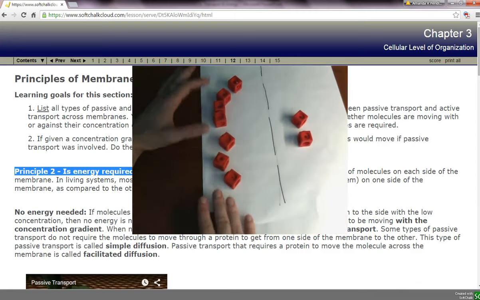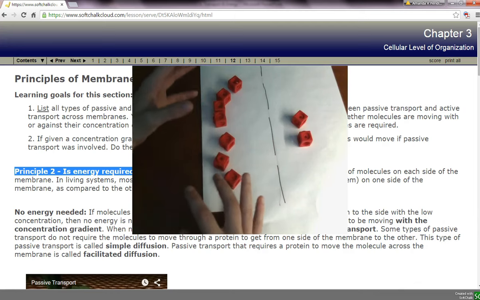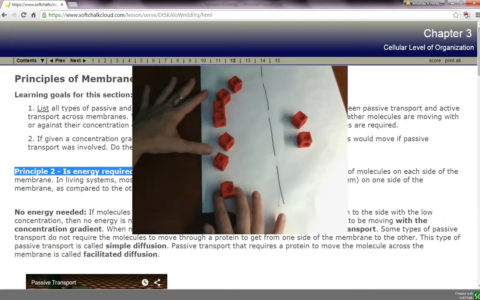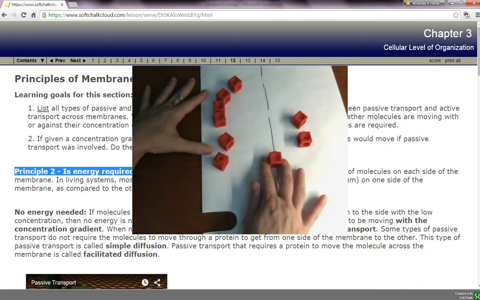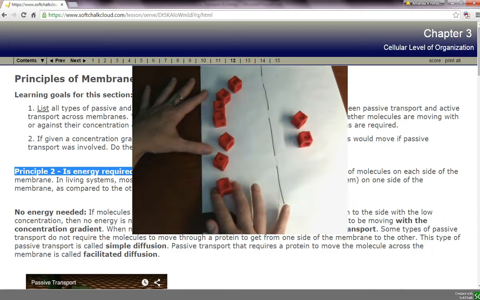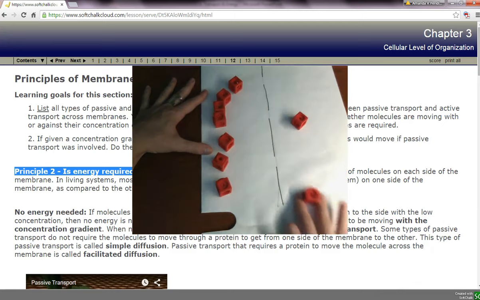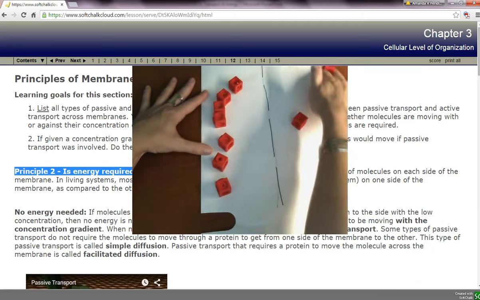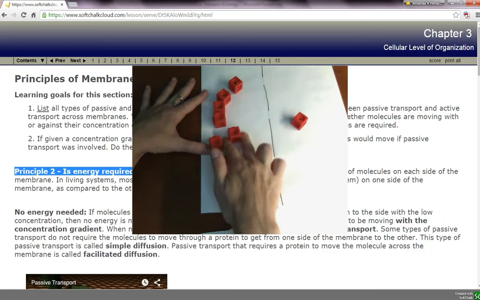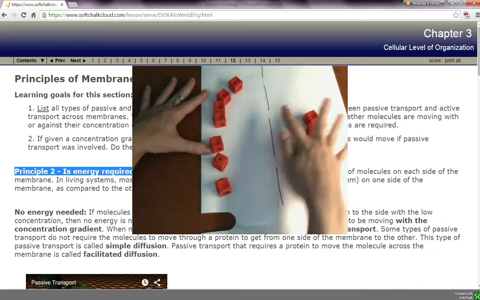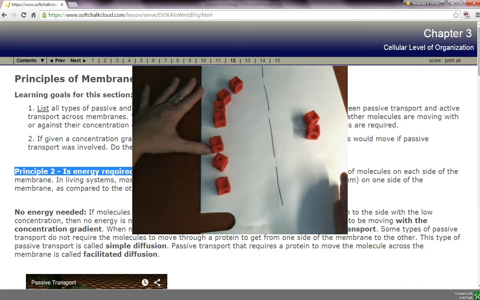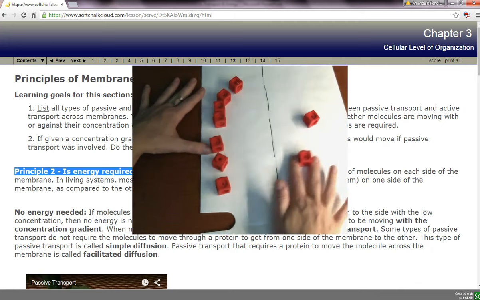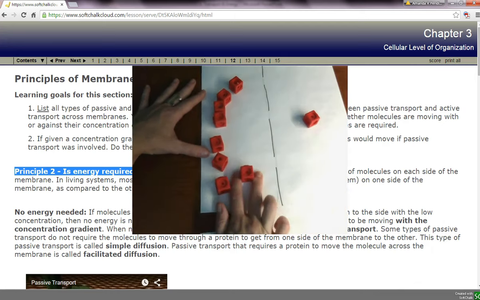Well, if you have a whole bunch of molecules on one side, it's more likely that at some point this molecule will hit the hole and go through. Over here, you've only got 2 chances for that molecule to happen to hit it and go through. So this is why going from a high concentration to a low concentration takes no energy. But to go the opposite way, you've got to have some energy and grab it and pull it across, because that's not likely to happen on its own.